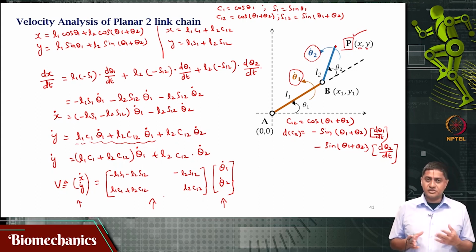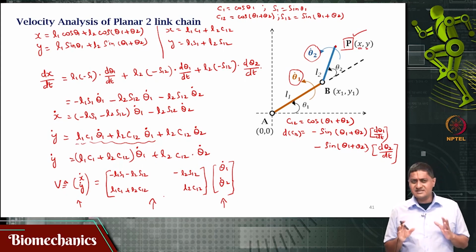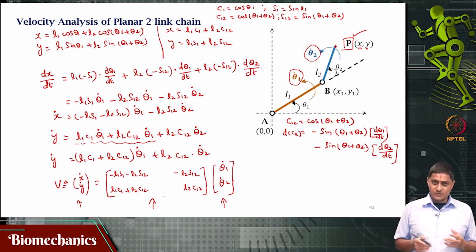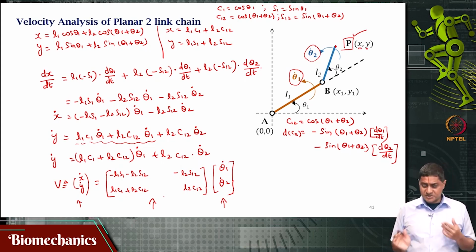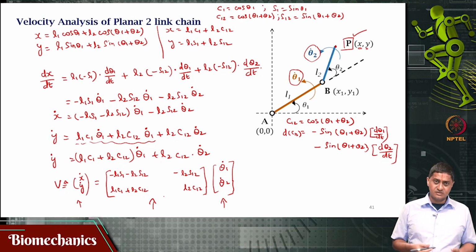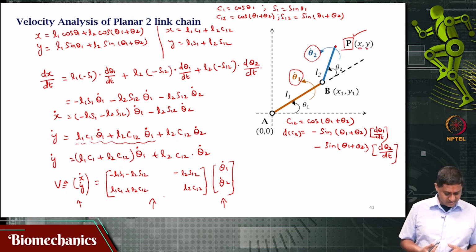This 2 by 2 square matrix, by the way, is a square matrix in this case, because we are considering a 2 link chain. It need not be square. This 2 by 2 square matrix essentially relates joint velocities to endpoint velocities, right.